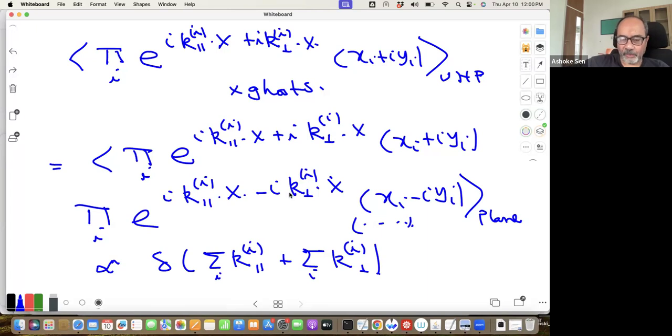It just gives you 0, so this is delta parallel, and they'll get a delta transverse of 0. So for the transverse direction, there is no associated momentum conservation. This is because there are these two factors, this and this. So the momentum conservation is only for the momentum that is parallel to the brane.